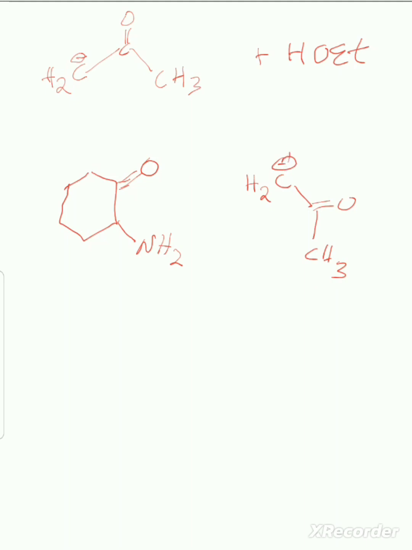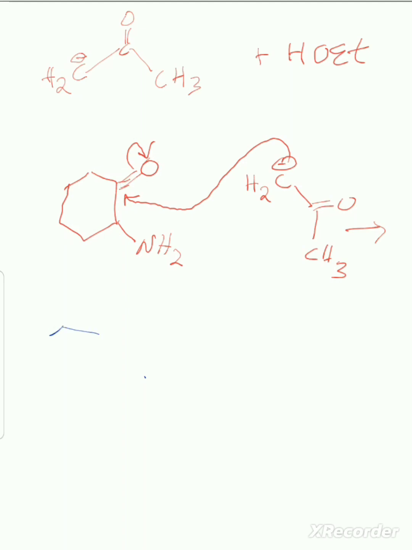So this negative will come and attack the carbon that bears a carbonyl, in short, that bears an oxygen, which is like this. So this one will open like that. Then I'm going to have the product. So this one attacks this carbon, this one will open.